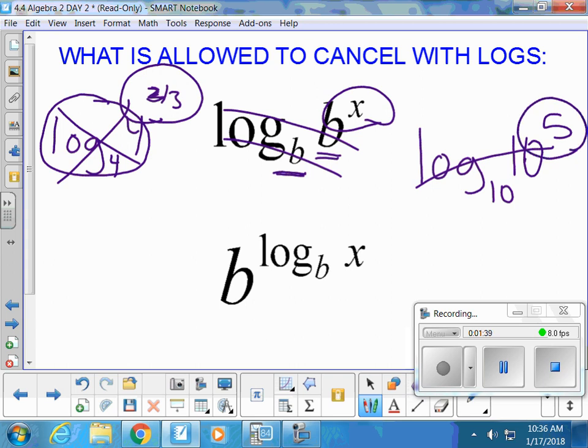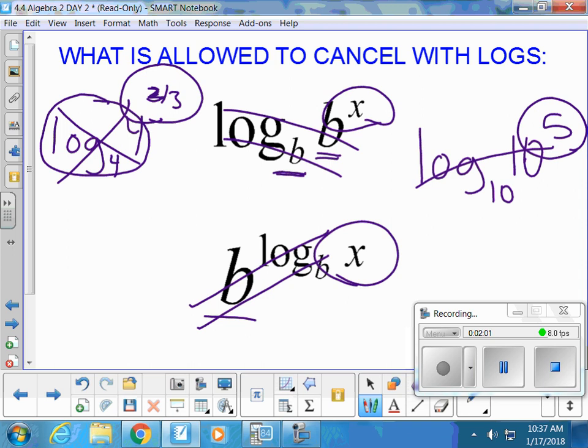The second one is more awkward, because now you have a base, and then in the exponent position you have a log. Very strange. But if you have a base and then a log of that same base, you can slash it out, same deal, and whatever is remaining is your answer.